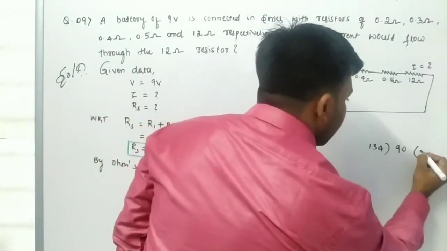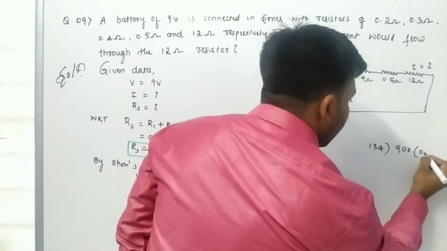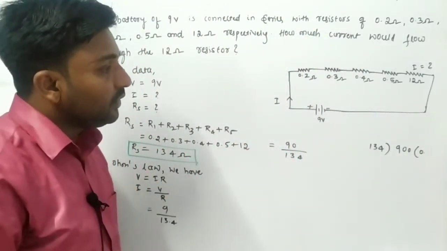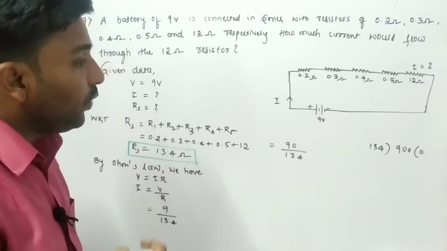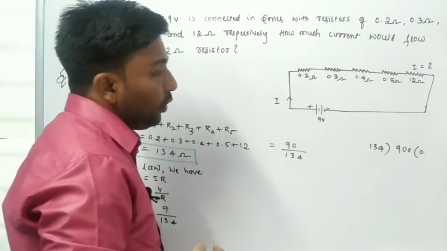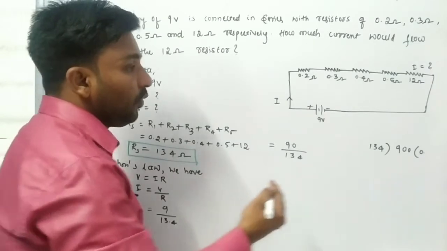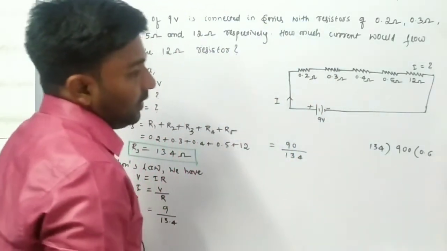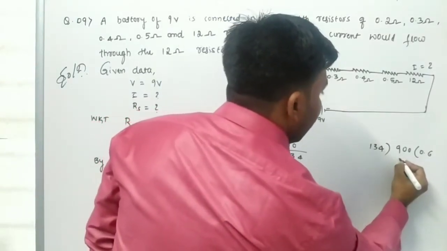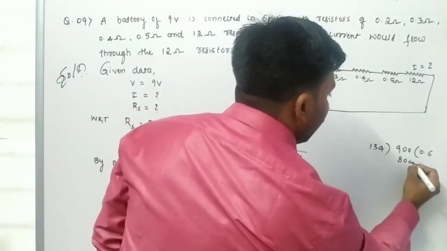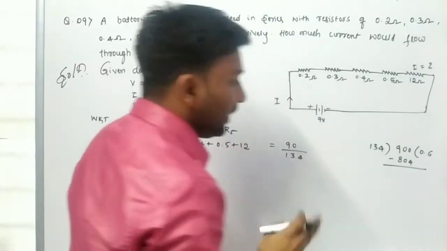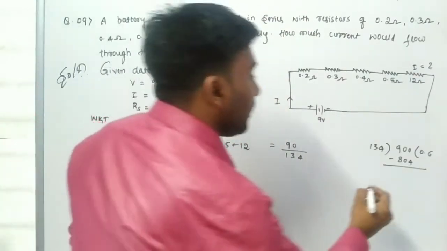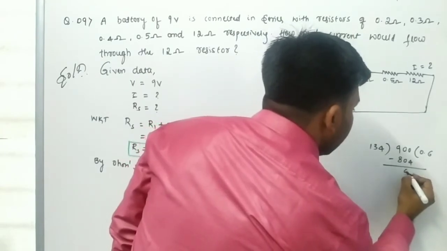So we have 90, and we have to divide with the number 134. Take one 0, it is 900. Now how much is 900 by 134? 134 times 6 is 804. Now subtract this one.